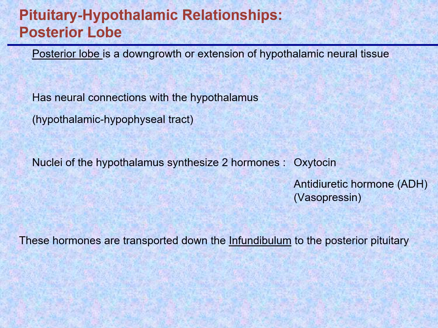So this relationship, the pituitary hypothalamic relationship, is quite important. As far as the posterior lobe is concerned, it's really a downgrowth or extension of hypothalamic neural tissue. That neural tissue extends down through the infundibulum and exports these two hormones down into the posterior lobe.